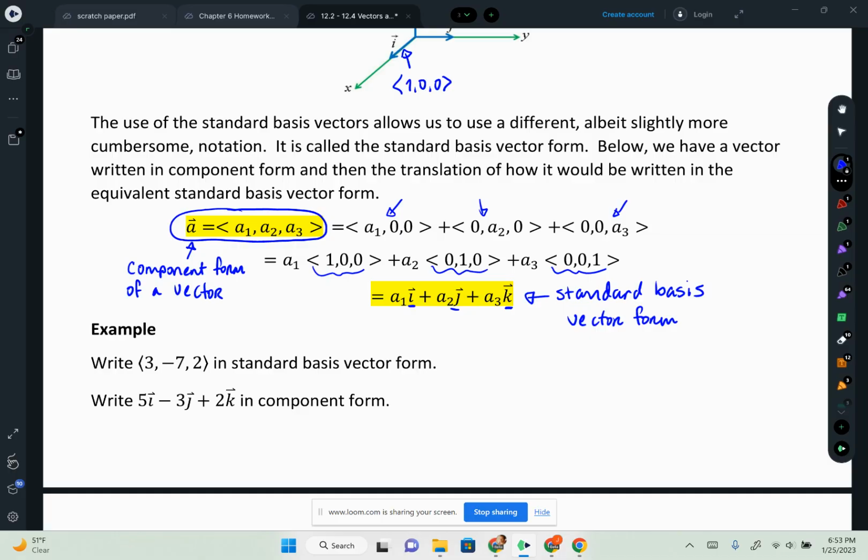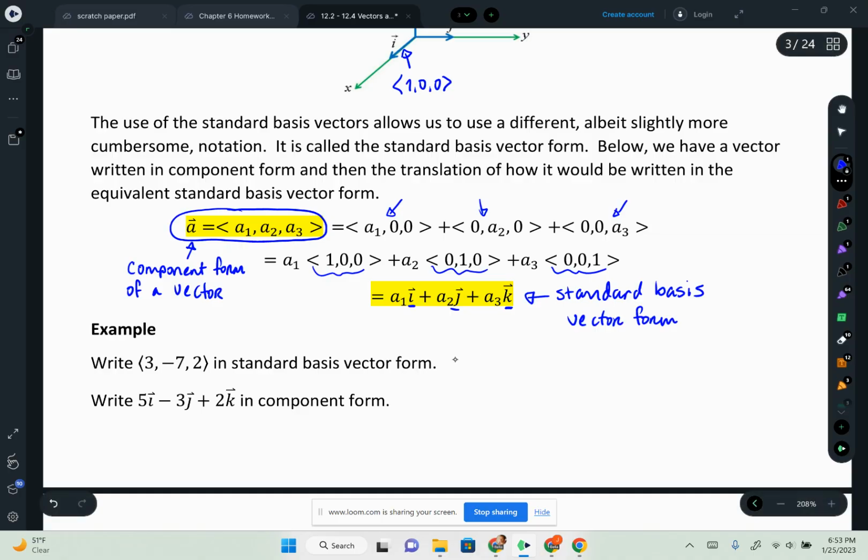Okay, so quick example, just like how to go back and forth. It might seem simple for some of you or trivial, but this is something that people do make mistakes on, so I don't think it is necessarily trivial. If I want to write the component form of a vector, 3, negative 7, 2, in a standard basis vector form, what I have to do is drop those angle brackets and get rid of those commas, put some i's, j's, and k's in, and add everything.